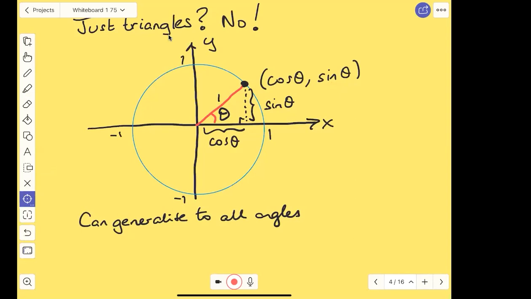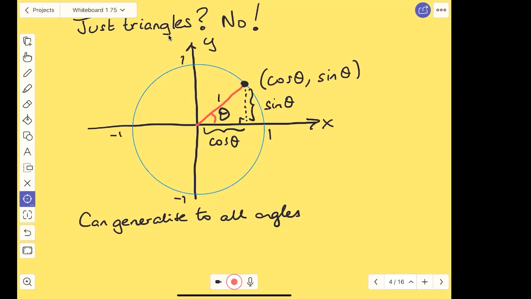To generalize, you take this as the definition: the coordinates of the point on the unit circle, the x coordinate is cosine of theta, the y coordinate is sine of theta. Then for any angle, I just rotate around the circle, maybe more than once. And if I want a negative angle, I rotate backwards. In that way, I can define cosine and sine of theta.